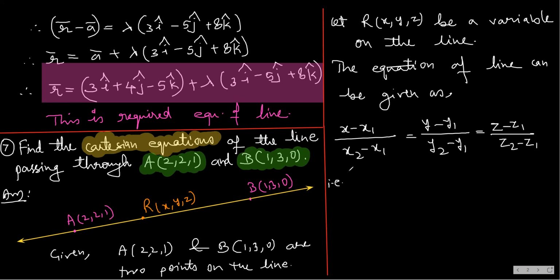That is, see here, x1, y1, z1 I have here, right? And x2, y2, z2 are the coordinates of point B. So I write x minus x1, that is x minus 2, upon x2 minus x1, 1 minus 2. You see this? 1 minus 2.